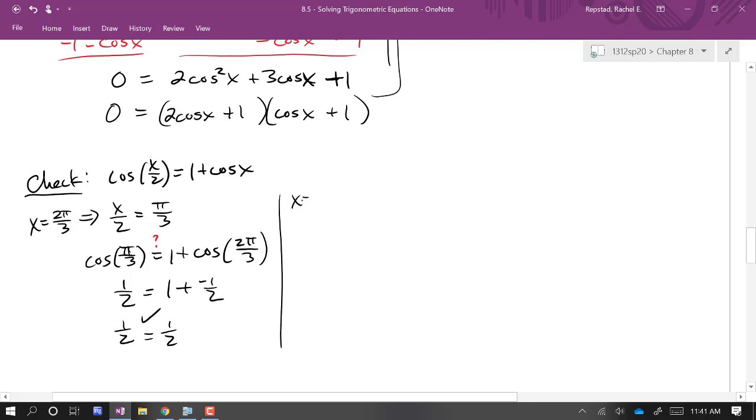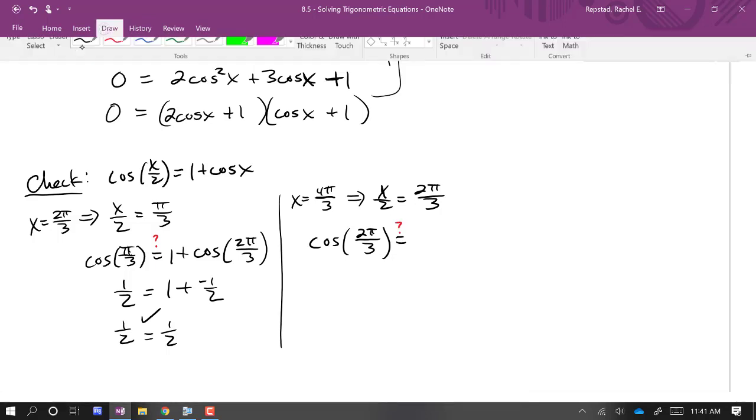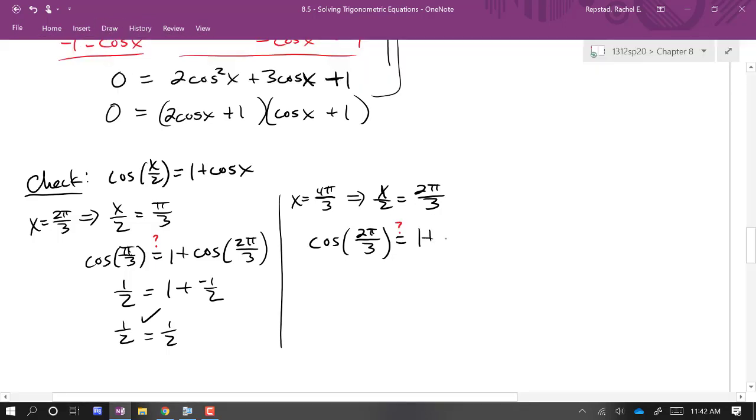For the angle x equals 4 pi over 3, that means that x over 2 is 2 pi over 3. So now this equation looks like cosine of x over 2, cosine of 2 pi over 3, is this equal to 1 plus cosine of 4 pi over 3?